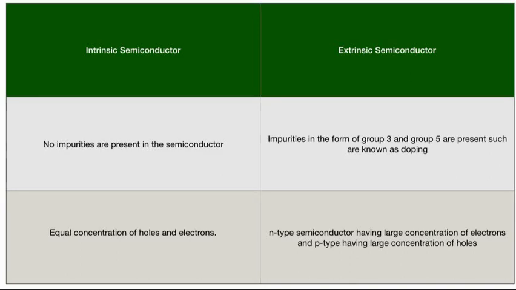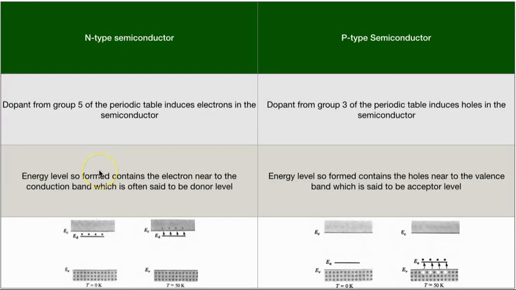In group 5, such as phosphorus, they have an extra electron. Group 5 gives N type and group 3 gives P type. An N type semiconductor has a large concentration of electrons and a P type has a large concentration of holes.